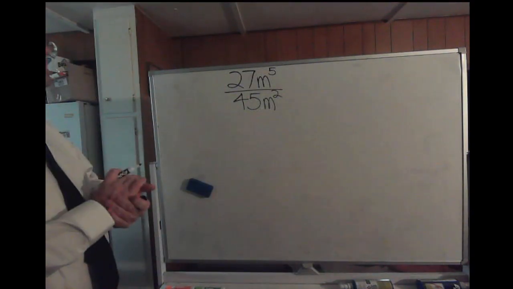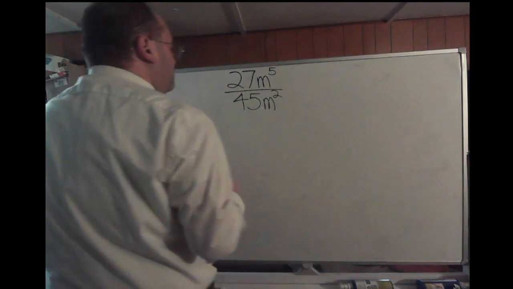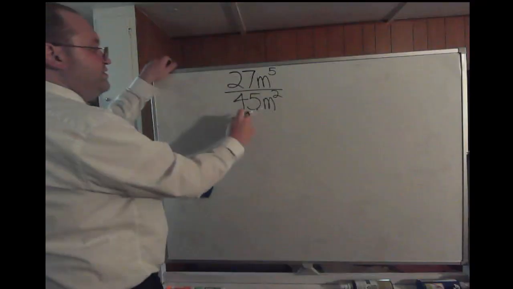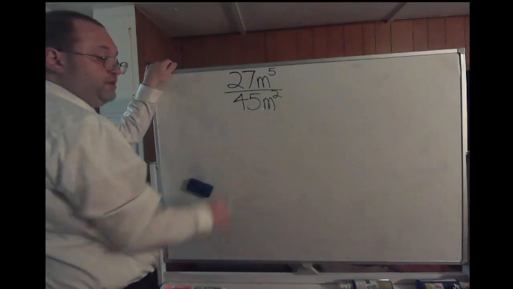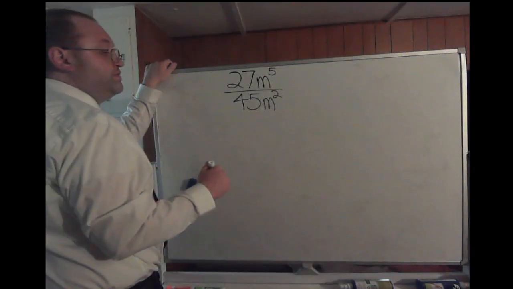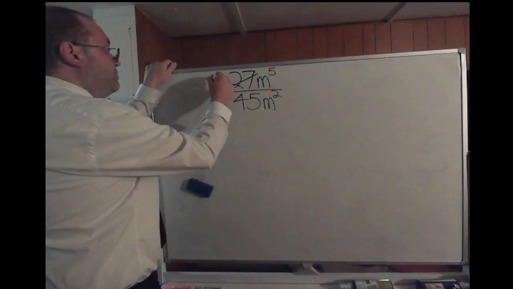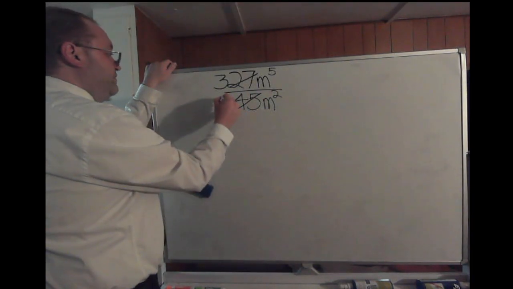We want to write this as a ratio in simplest form. Well, let's start with our coefficients here, 27 and 45, right? Between 27 and 45, there is a common factor of 9. You divide 27 by 9, you'll get 3. Divide 45 by 9, you'll get 5.